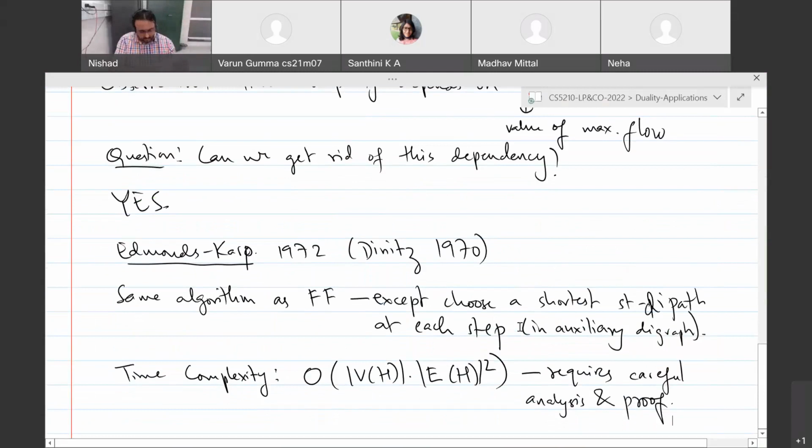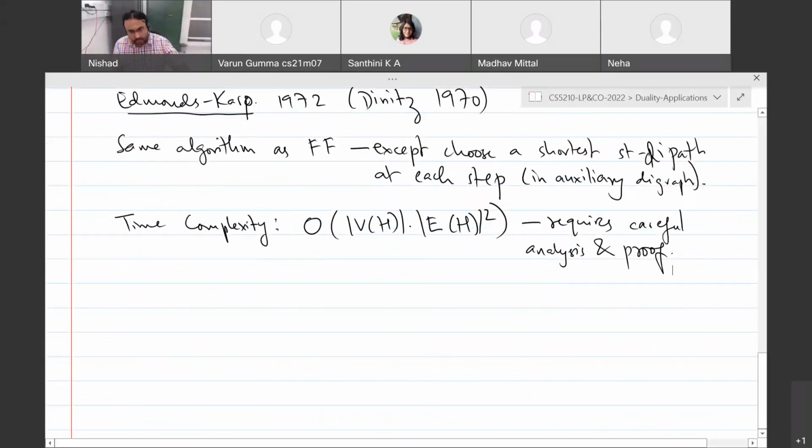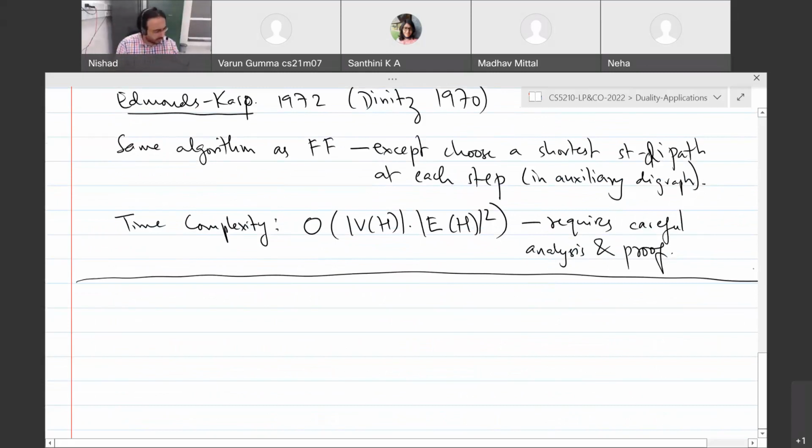All right, so that's all about Edmonds-Karp and Ford-Fulkerson. I want to complete a statement that I forgot to complete last time. I was going through the notes and I realized that I had forgotten to complete a theorem statement. I also made one mistake towards the end, so I would like to correct that.